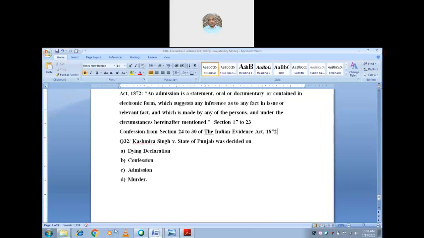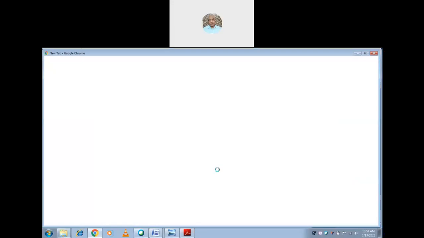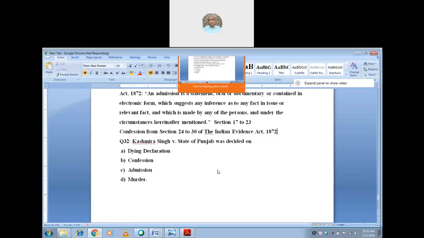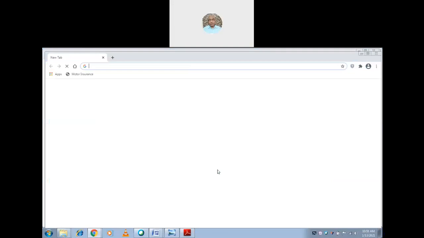R versus Abdullah. R versus Abdullah is a very famous case law regarding the declaration. Where a person is not able to give evidence in writing, he can also give the declaration by gestures. That is the case actually, because some disturbance happened over there.